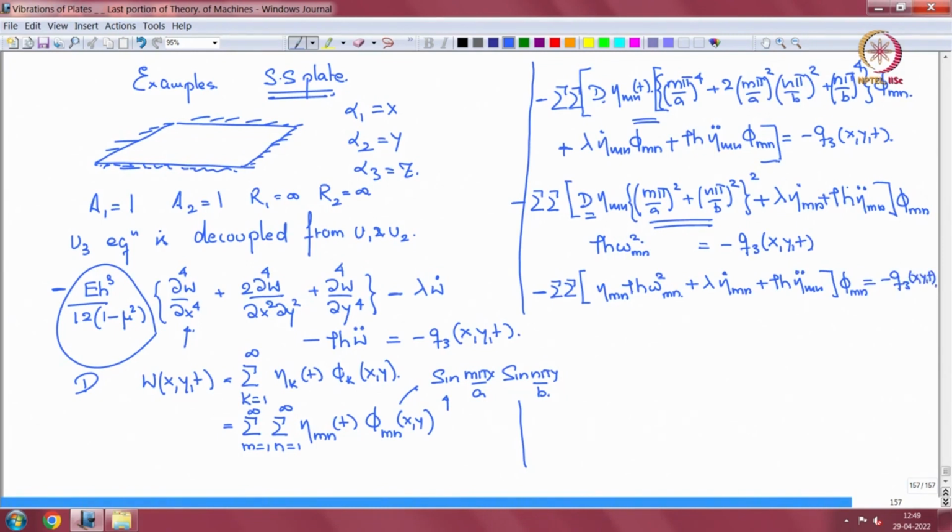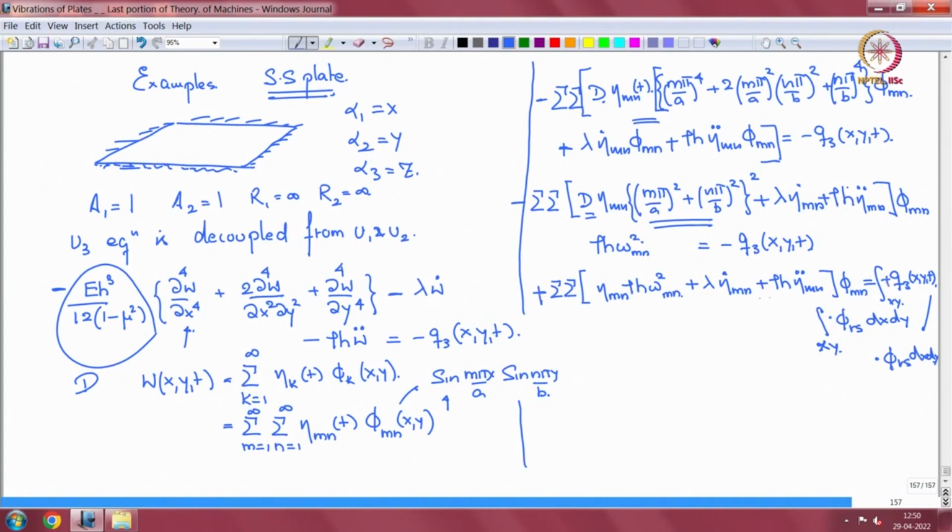And so now we multiply this by phi rs and integrate over the plate, let's say xy dx dy, and do the same on the right hand side. Then what do we get? And I change the sign now.